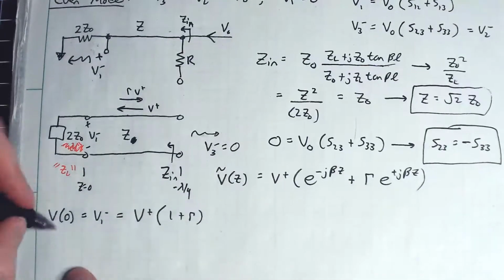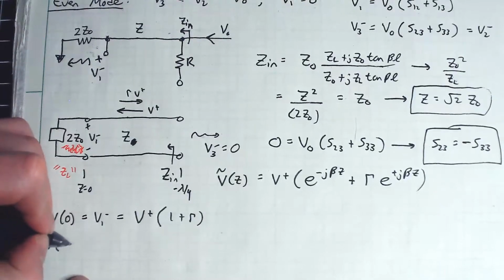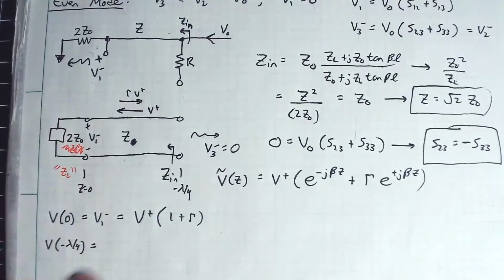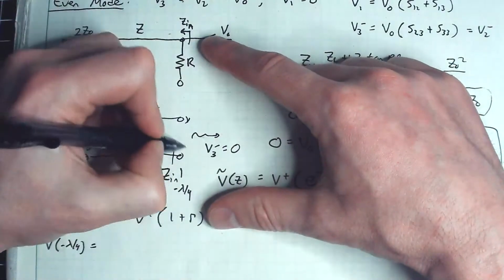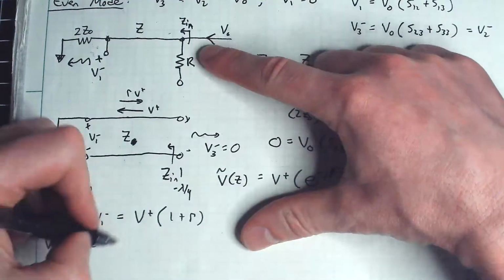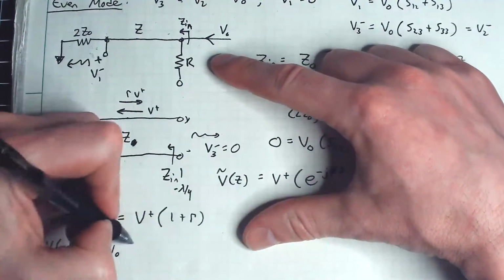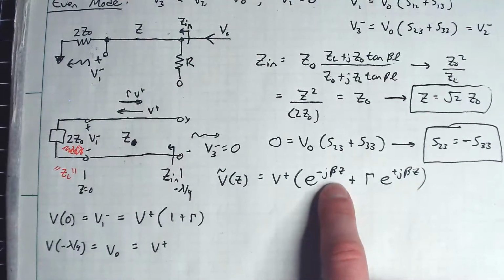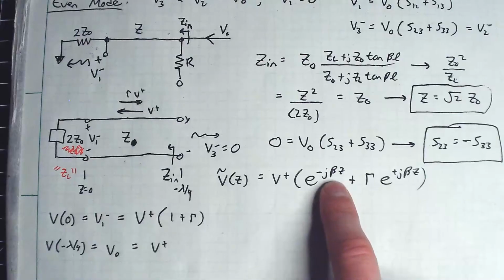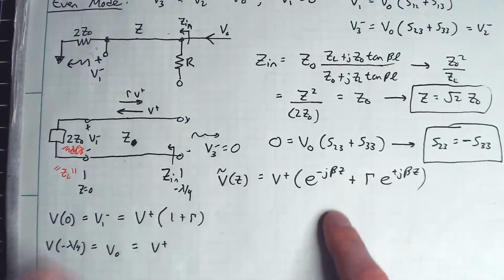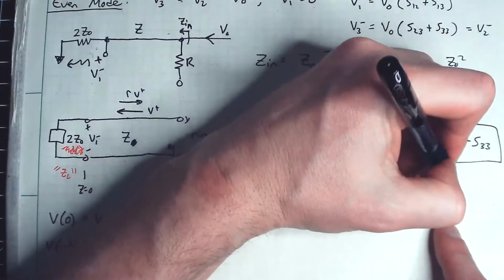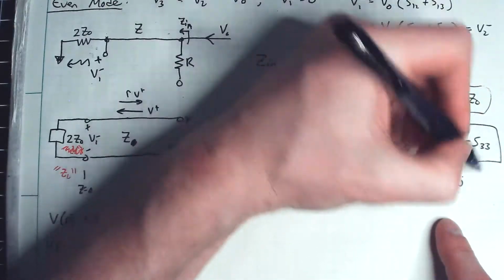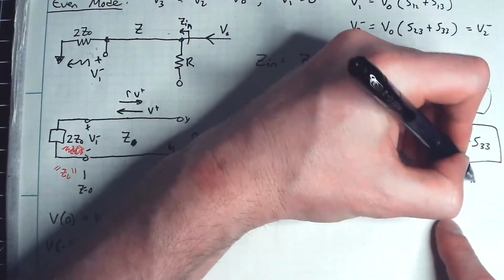Right? And then we know that V of negative lambda over 4 is the voltage here, which is just V naught, which is equal to V plus times, if I put in lambda over 4 here, an e to the j beta times 2 pi over lambda times lambda over 4. So that will imply an e to the j pi over 2.